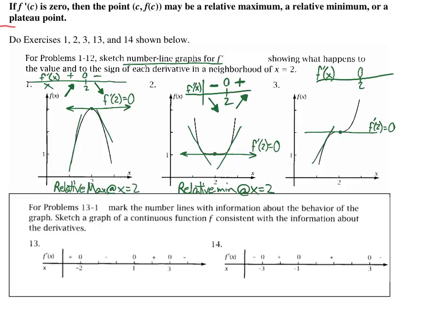To the left, our tangent lines have a positive slope, so the derivative is positive. To the right, our tangent lines also have a positive slope, so the derivative is positive. That means we're increasing, then it levels off at 2, and then it continues to increase here.